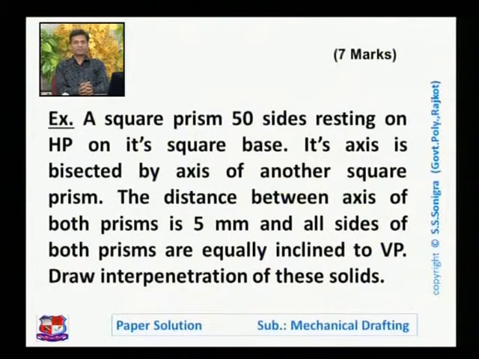Its axis is bisected by the axis of another square prism. So another square prism is there whose axis bisects. The distance between the axes of both prisms is 5 mm and all sides of both prisms are equally inclined to the vertical plane. Draw interpenetration of these solids.